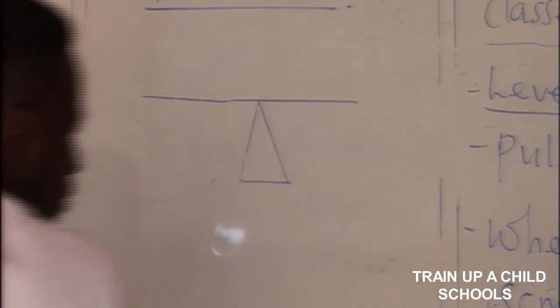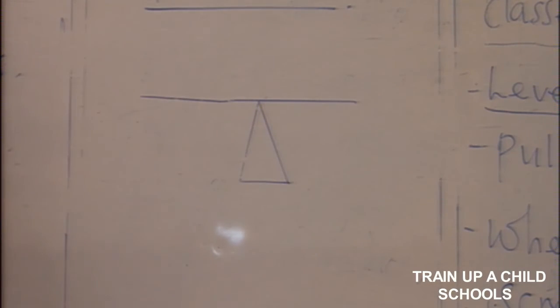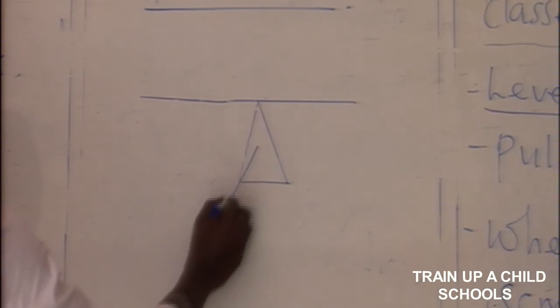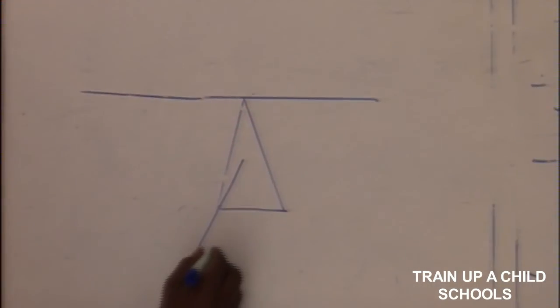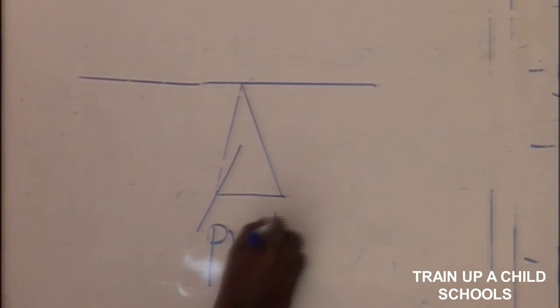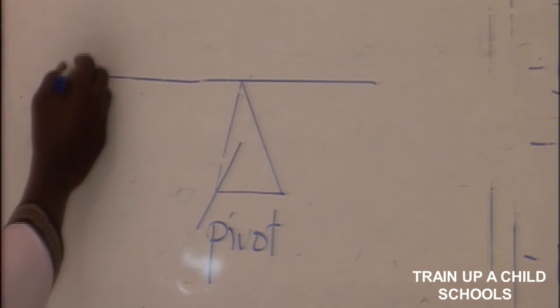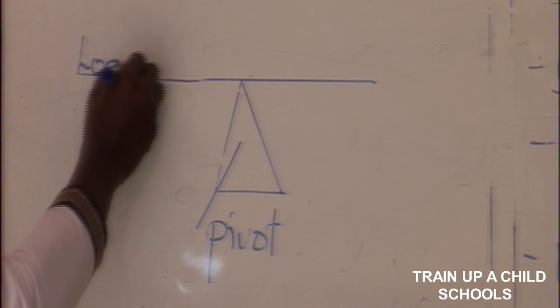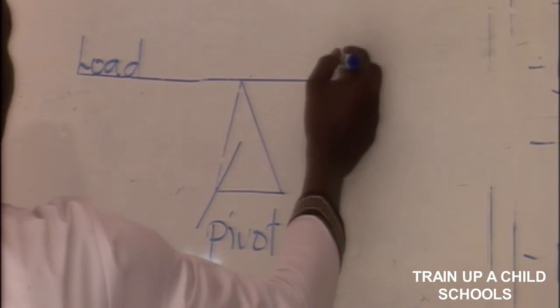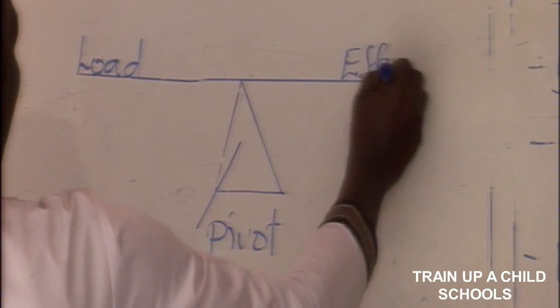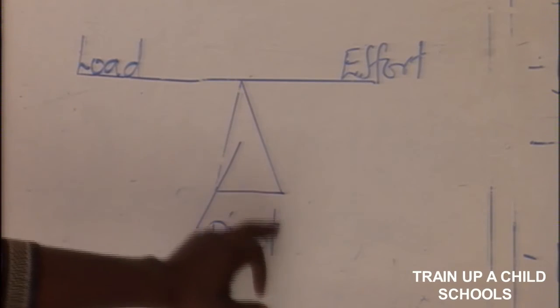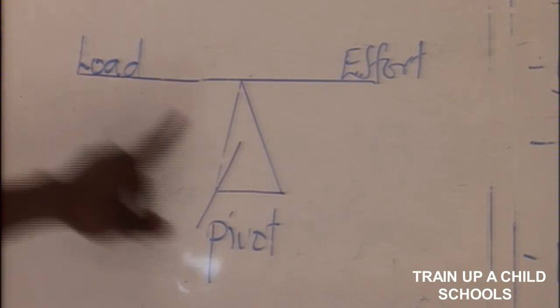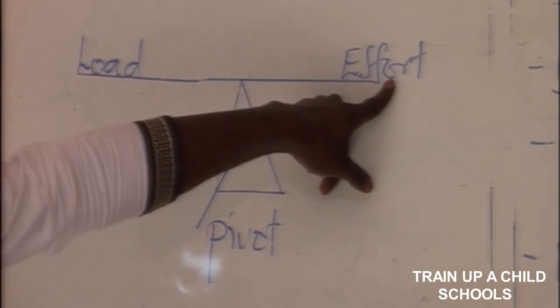This part in the middle of that seesaw is what you call a pivot. And the one on the left side is called a load, and the one on the right is called an effort. So we have the pivot here, or the fulcrum, we shall have the load here, then the effort.